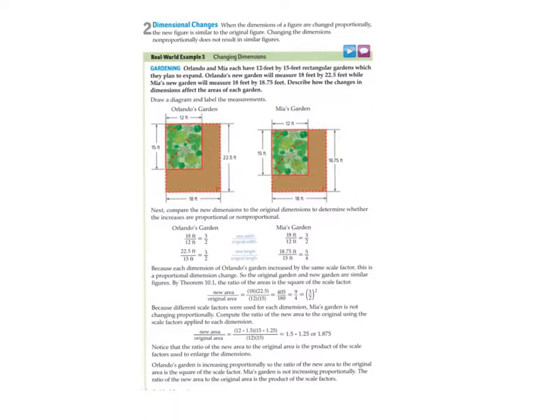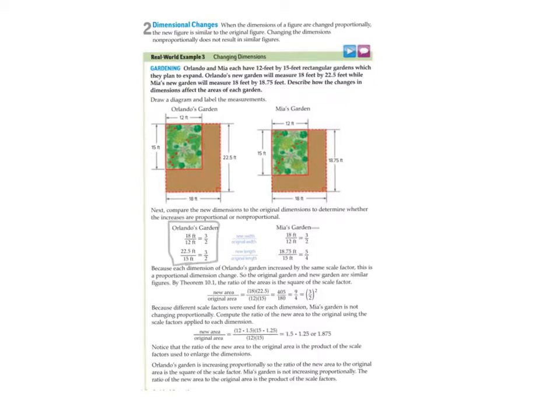because are they similar or are they not? Well, if you put the ratio of the original, which is 18 over 12, that will come down to 3 over 2, and then the larger one that she wants also comes down to 3 over 2, so that one's in ratio and proportion, that one's good to go.